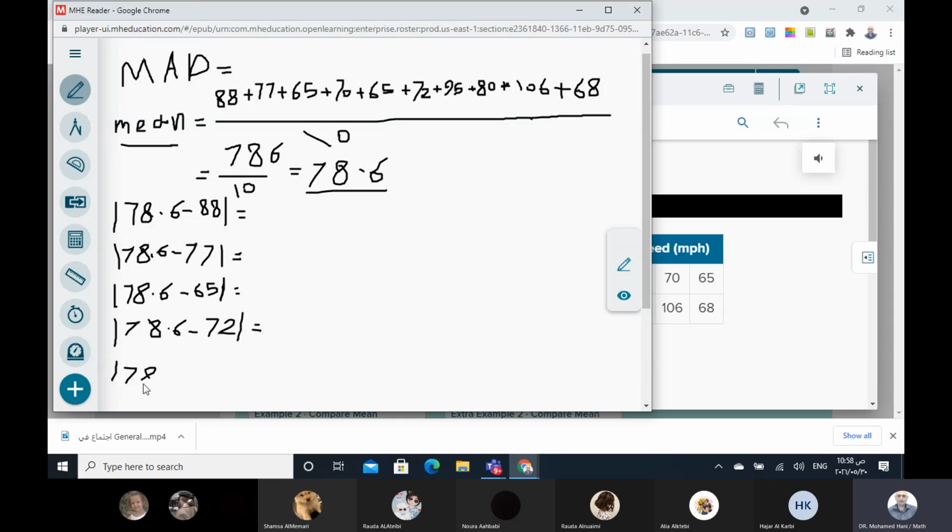Then 78.6 minus 95. Then 78.6 minus 80. Then 78.6 minus 106.